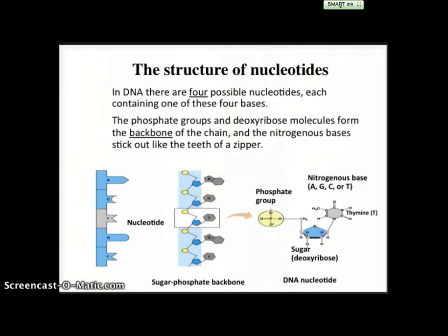In DNA, there are 4 possible nucleotides, each containing one of these 4 bases. The phosphate group and the deoxyribose molecule form the backbone of the chain, and the nitrogenous bases stick out like the teeth on a zipper. So if we look here, this is the sugar, the phosphate is attached to the very next DNA molecule. See that chemical bond? For the sugar, the phosphate.